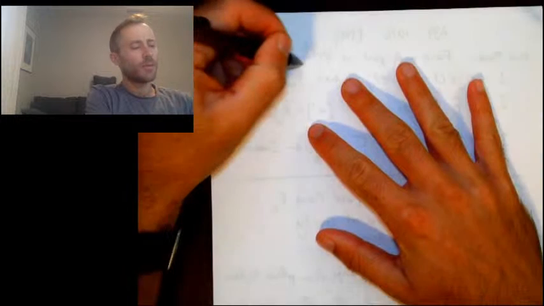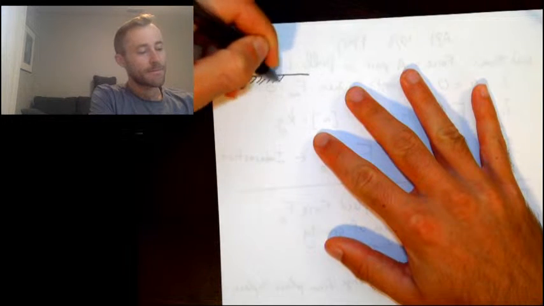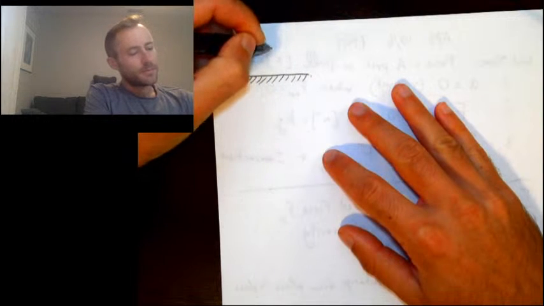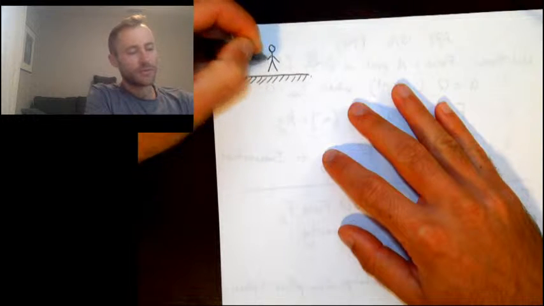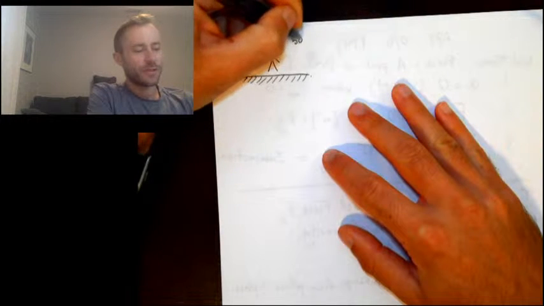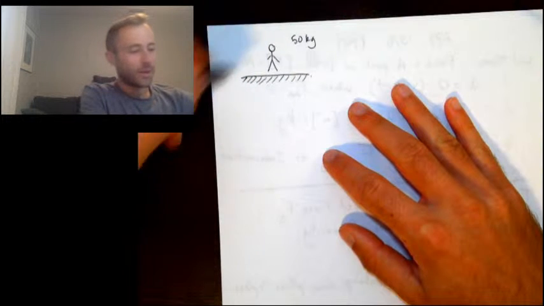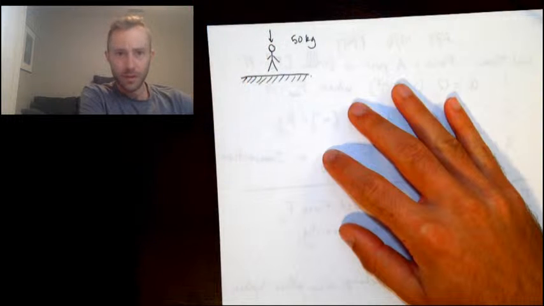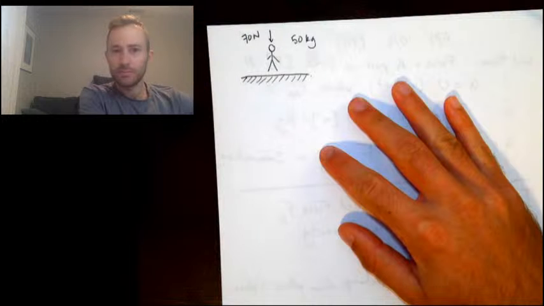We're going to do some more examples. What if you had a person standing on a surface, and again, it's a 50 kilogram person, but there was an additional downward applied force of 70 newtons?